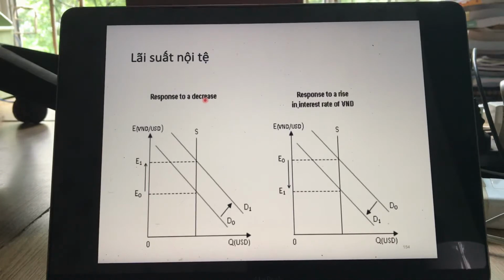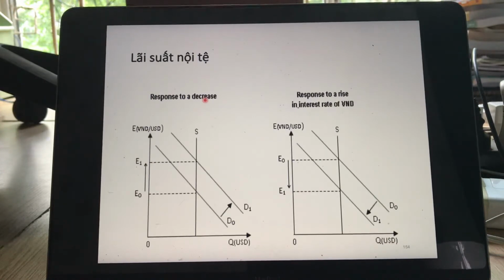Nguyễn Phương Thảo, please. I think when the domestic interest rate decreases, Vietnamese people tend to buy more foreign assets to keep the VND value from being unstable, and then the demand for foreign assets is increased, and then the exchange rate is increased.